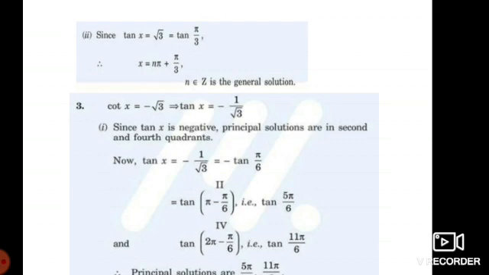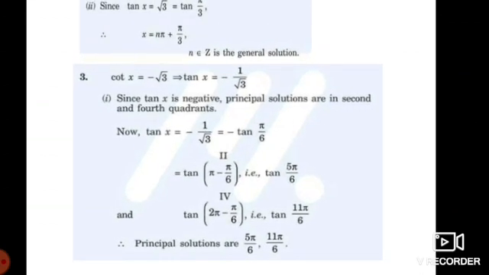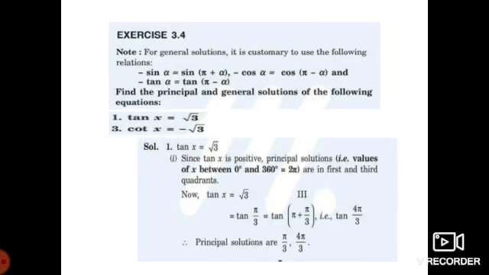In the second quadrant it is pi minus pi by 6, you will get 5 pi by 6, and in the fourth quadrant, 2 pi minus pi by 6, it is 11 pi by 6. Our principal value is 5 pi by 6 comma 11 pi by 6.